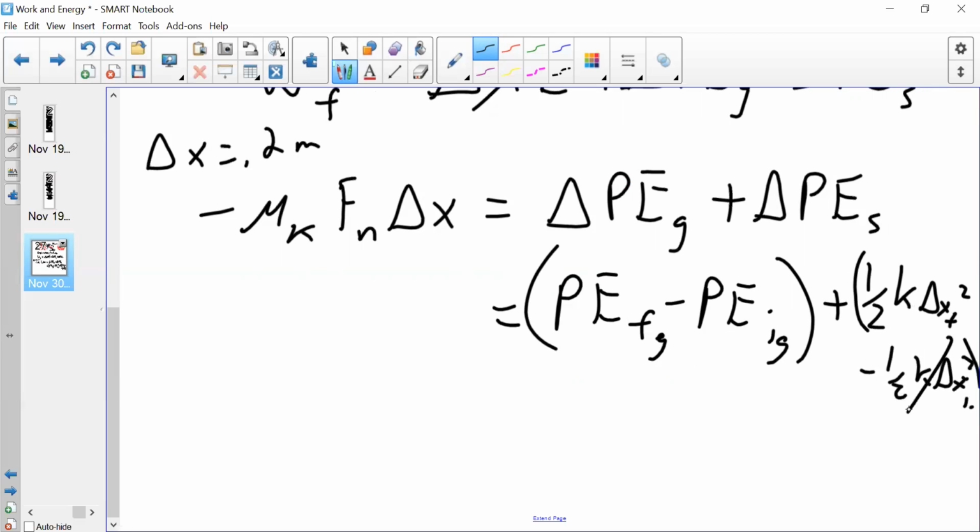The displacement in the final case is going to be final minus initial from where it was. Final is 20 minus initial is 0. So this is our term that's left. Since there's no displacement at all in the beginning, this initial term goes away.